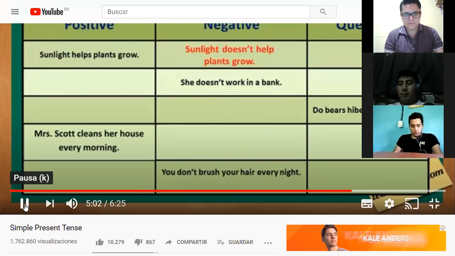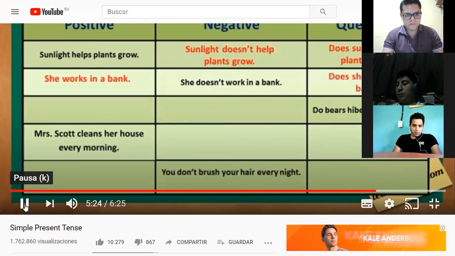And for the question, it should be, does sunlight help plants grow? The second one, she doesn't work in a bank. The positive statement should be, she works in a bank. And the question is, does she work in a bank?